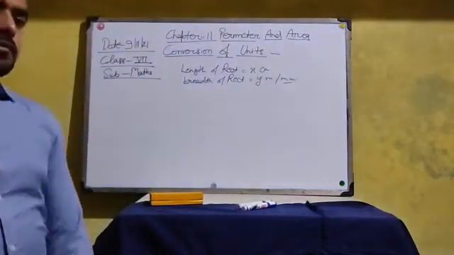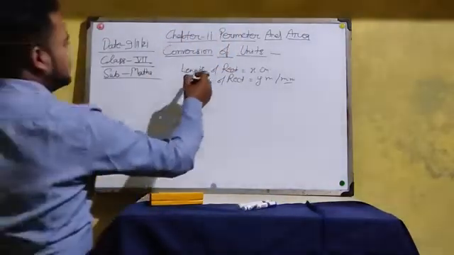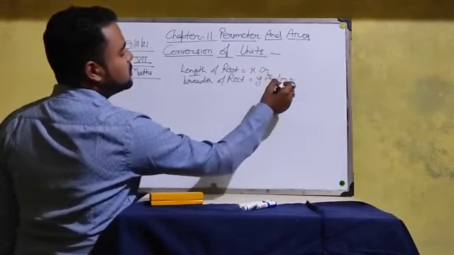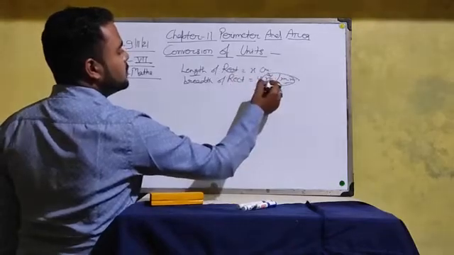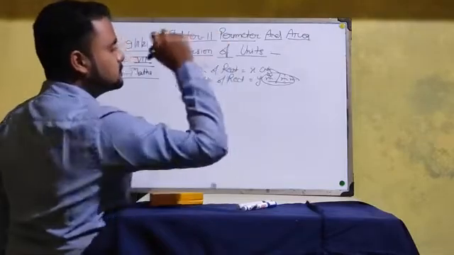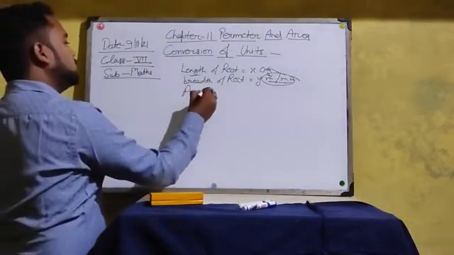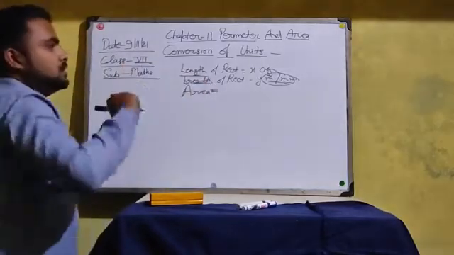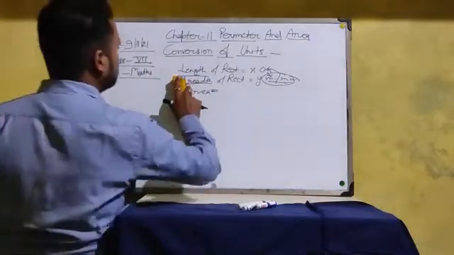So we have to convert the length into centimeter, millimeter or meter, or the breadth we have to convert from meter or millimeter to centimeter, because for calculating area the unit of length and breadth have to be the same.